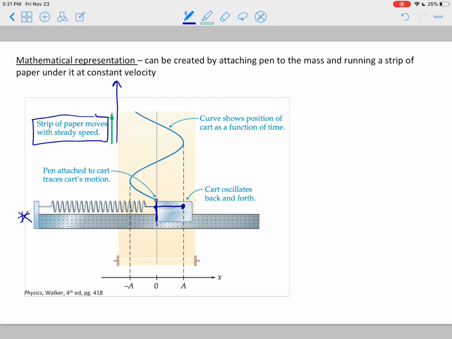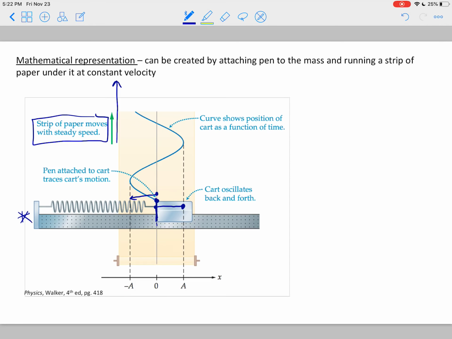And then they've attached a pin right to this edge of the mass at the end of the spring, and it's going to draw on the paper as the mass oscillates back and forth sideways between A and negative A. So if that happens, you can imagine that it's literally just drawing exactly where it's located at every point in time. So the way that they've drawn this line for starters, you can imagine that the mass is at this location and it's moving this particular direction.